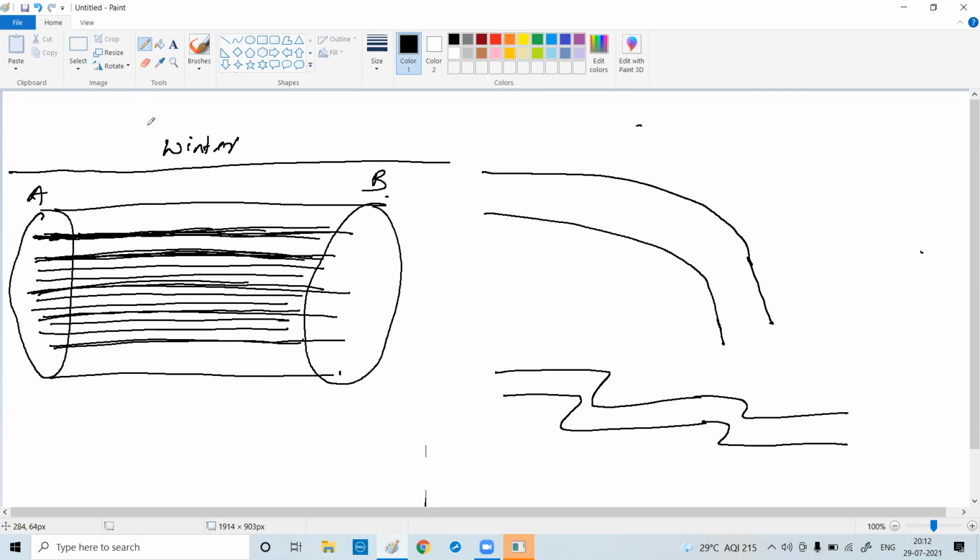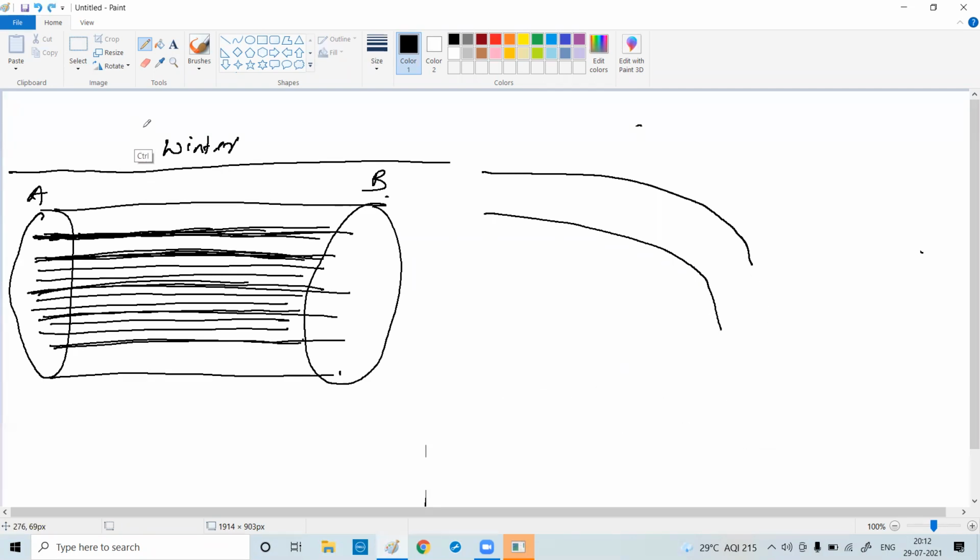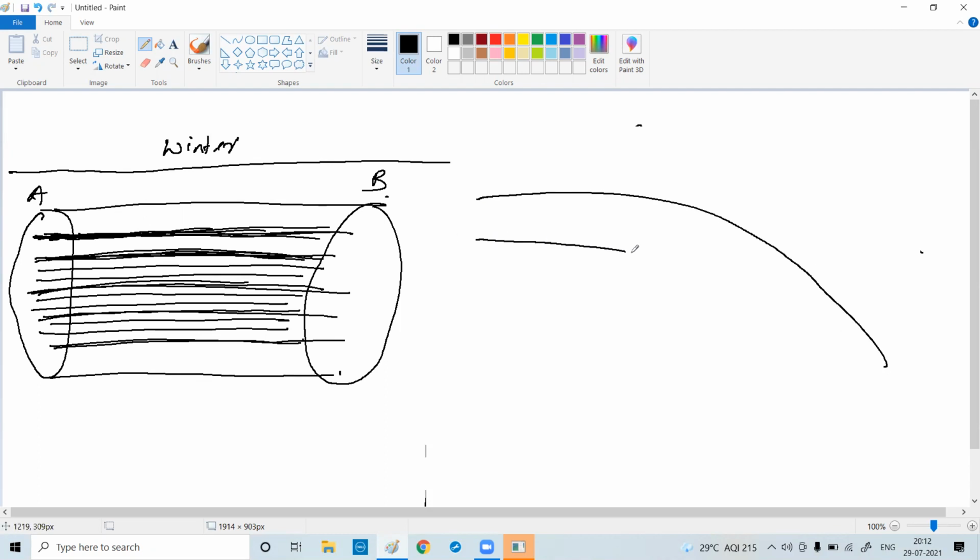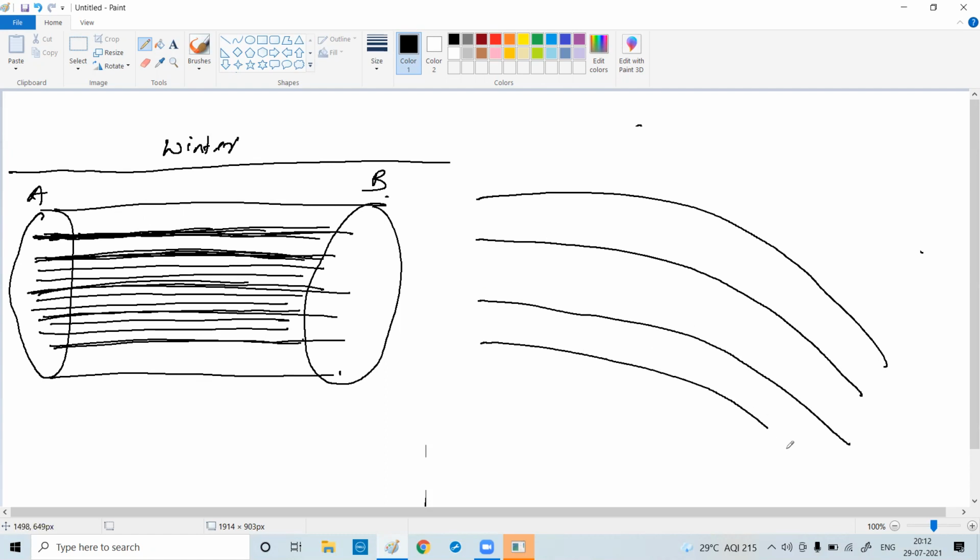If the pipe is bent, the flow line will be something like this. Now tell me, at this point, if I draw a tangent, how will the tangent be?